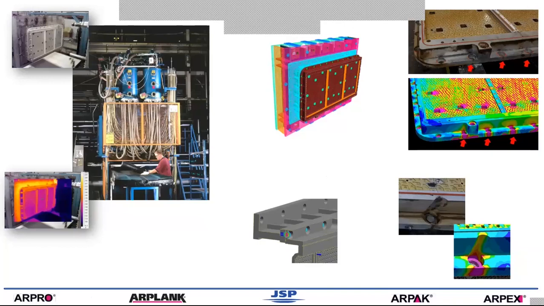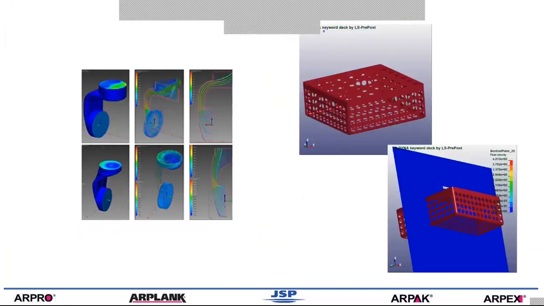It's almost impossible to run on regular machines. So high performance computers are a must for this kind of analysis to get reasonable results in reasonable time. And also we do some CFD analysis, as I was mentioning.